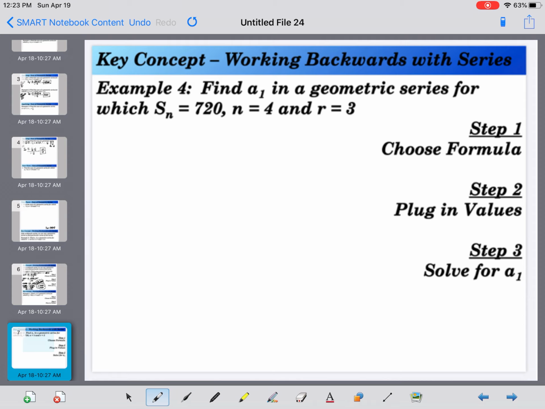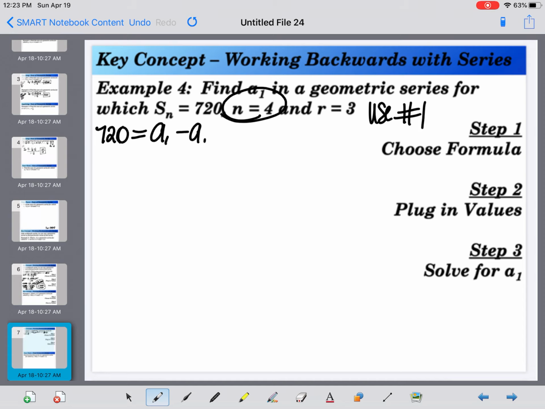We're given the sum, the n. Anytime you're given the n, we want to use formula number 1. And we're going to work backwards. We're going to plug in everything that we know.